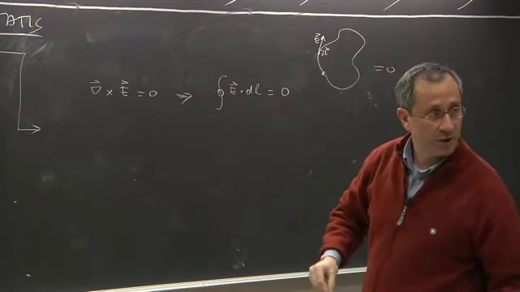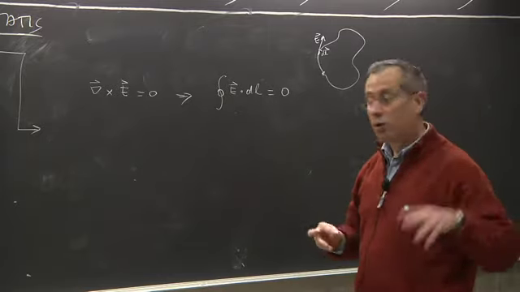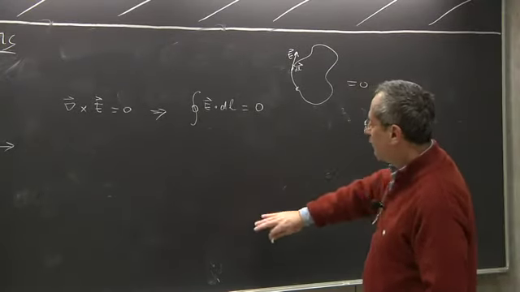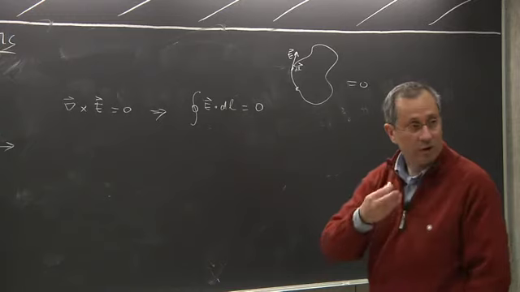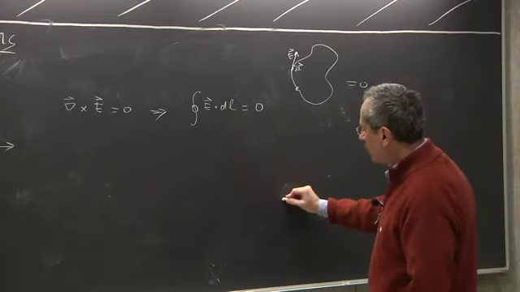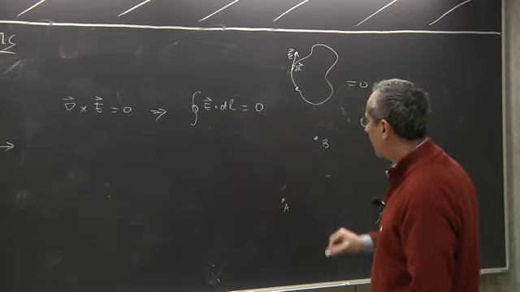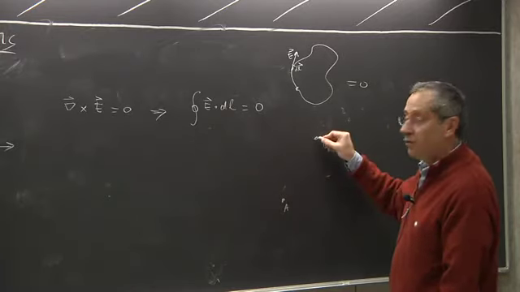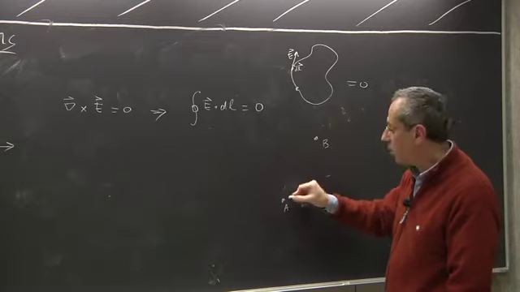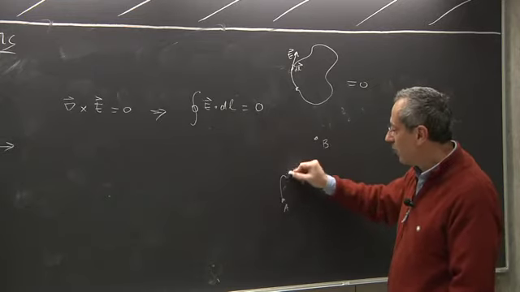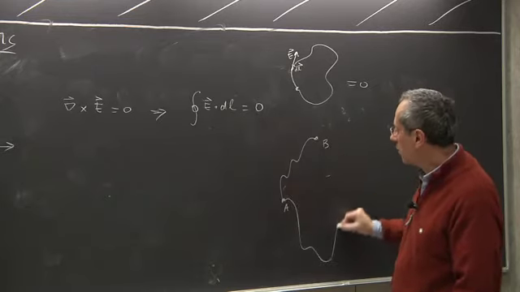This is really equivalent to what we know about a potential. Remember gravity: the potential at point A and the potential at point B. If you go from A to B, the work done does not depend on whether you go this way or this way.